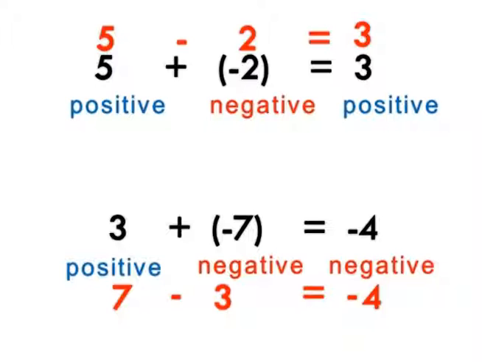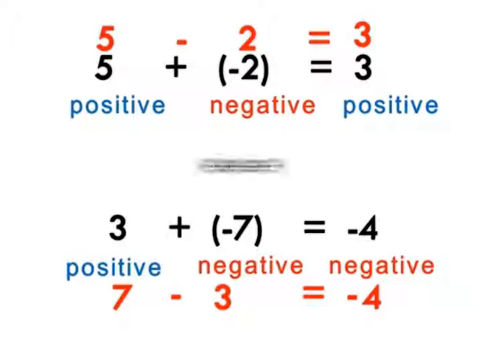So why do you think it is negative? So as you can see in example 3, the negative sign is on 2, and 2 is lesser than 5. In example 4, the negative sign is on 7, and 7 is greater than 3.